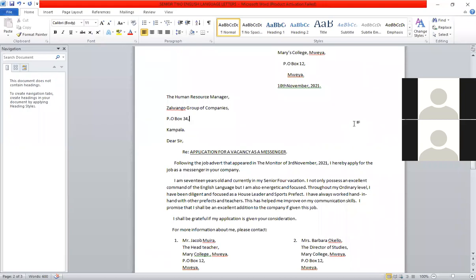The head prefect aspect will come in when you're signing off. In case you're the one writing, we just need the address. In case you're signing off, you say yours faithfully, the signature, the name, and then in brackets you say the head prefect or the class monitress of senior 4.